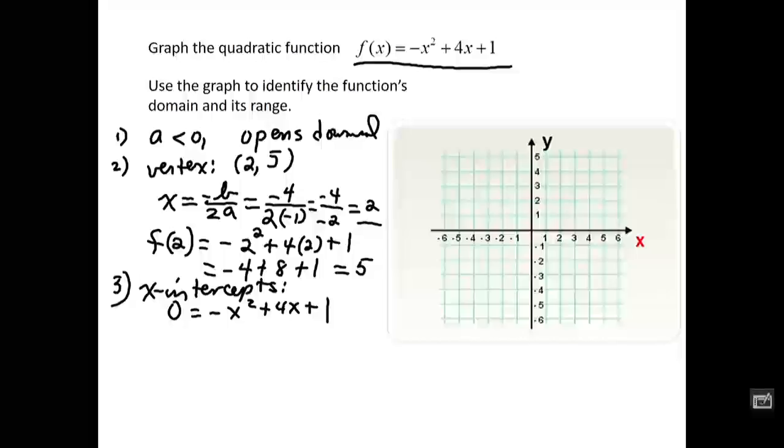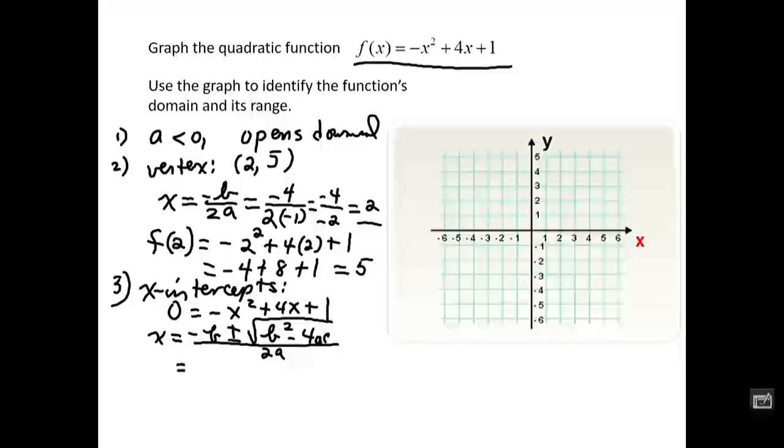You may recall that the quadratic formula, x is equal to minus b plus or minus the square root of b squared minus 4ac, all divided by 2a. So let's find x using the quadratic formula.